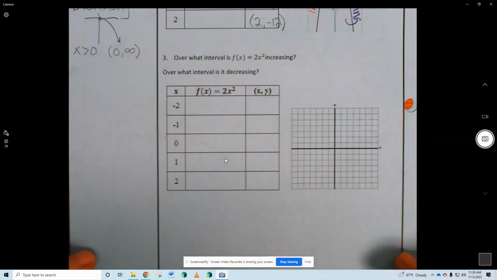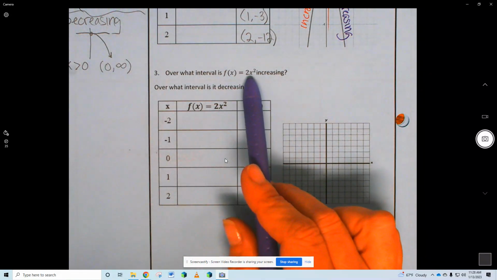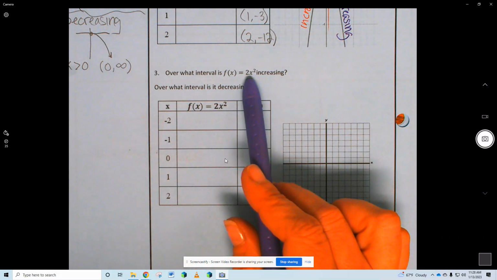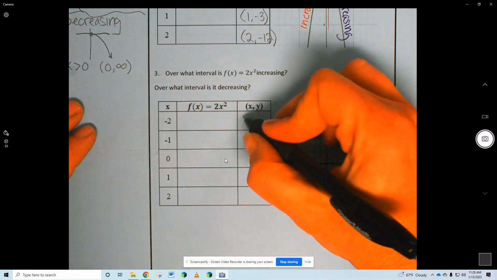All right, number 3. You guys look, is this going to be upward or downward? 2x squared, is that upward or downward? Upward, it's positive. So here's the ordered pairs, guys. I'll just tell you.